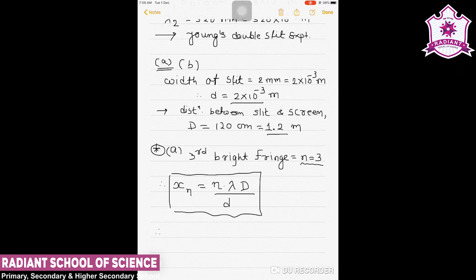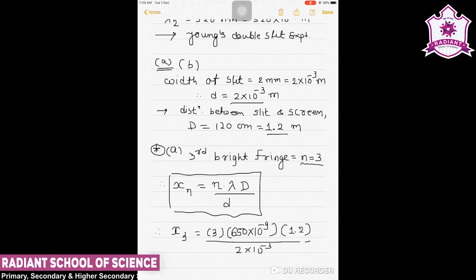So we can say that here we want to find out the third bright fringe. So x3, we will put 3, lambda as 650, so it is 650 into 10 raised to minus 9. We are given capital D as 1.2 meter, and small d as 2 millimeter, that is 2 into 10 raised to minus 3 meter.